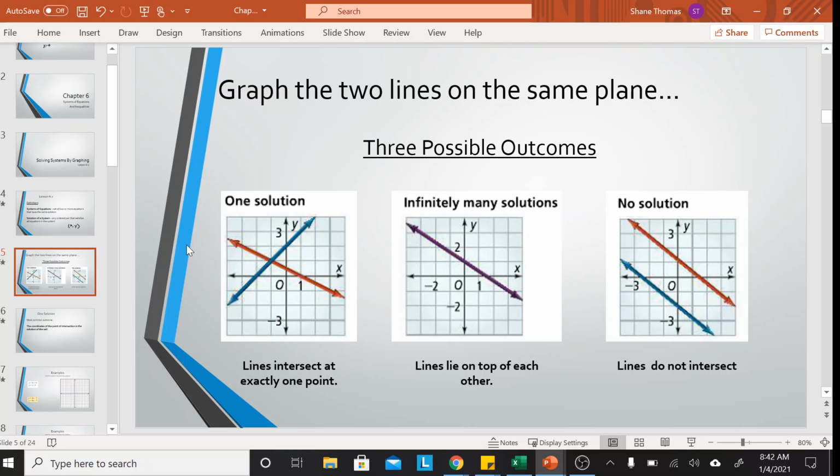If they lay on top of each other, then every single point is exactly the same. Therefore, I'm going to have infinite solutions. If they don't touch anywhere, it's because they're parallel. And if they're parallel, there's no solution. Okay? The intersection of these points is going to be the answer for your system of solutions.